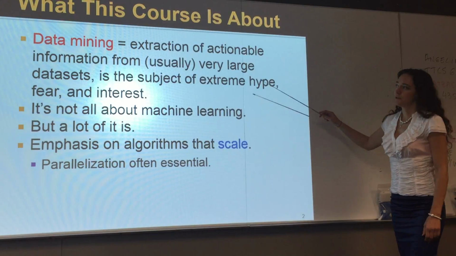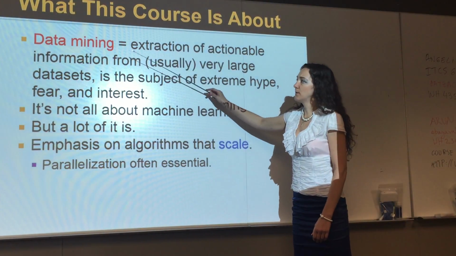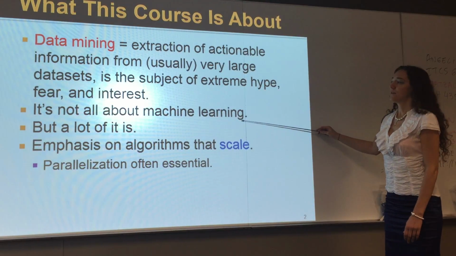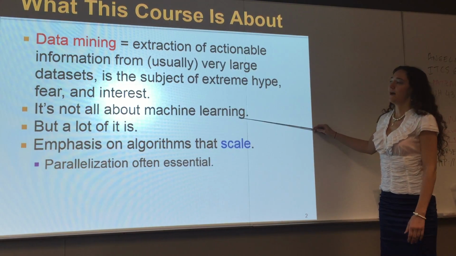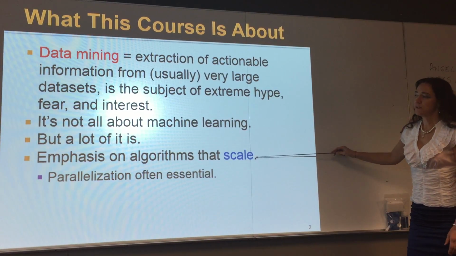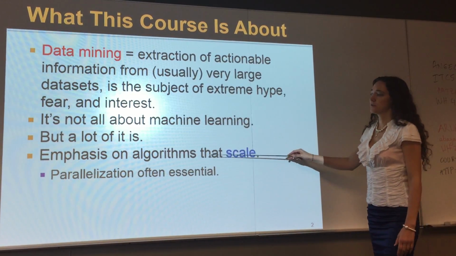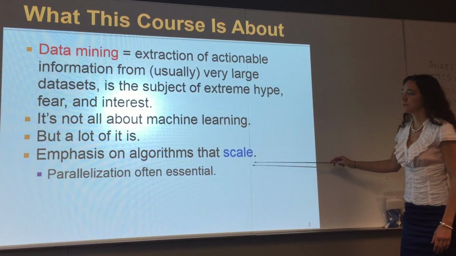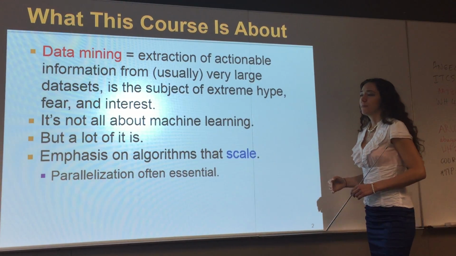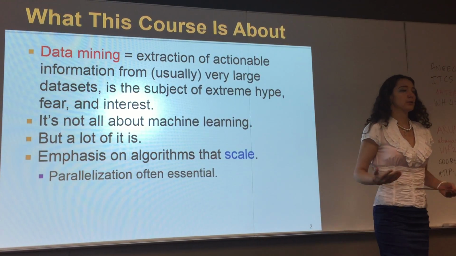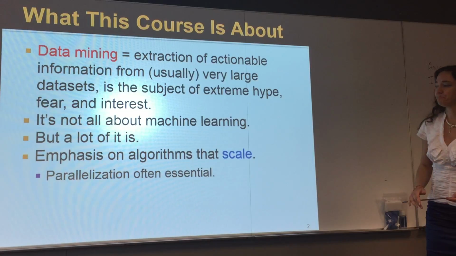So this course is about data mining and machine learning, because these are some methods that come from those areas that are used for data analysis. The emphasis of the course is on the methods or algorithms that are able to scale, in the sense that they are designed to work on multiple machines in parallel.